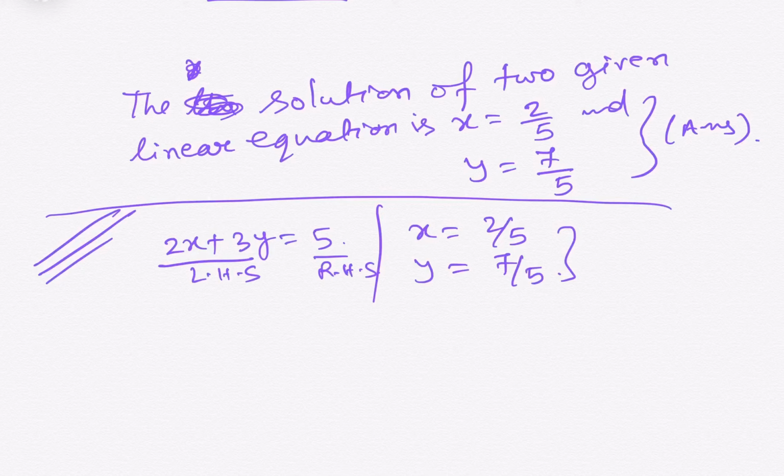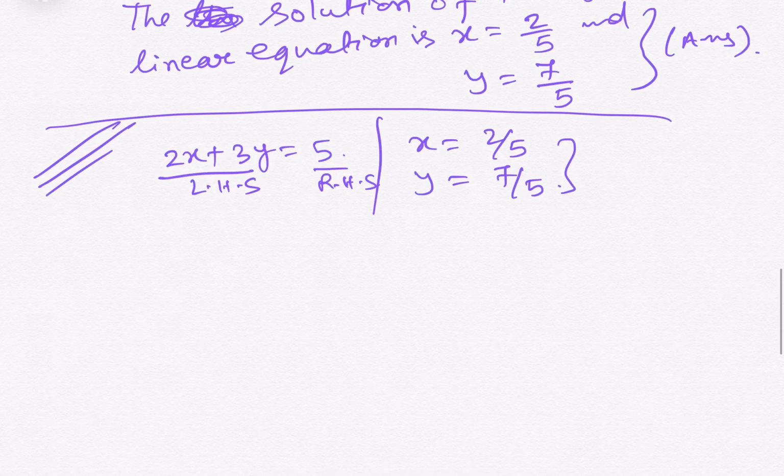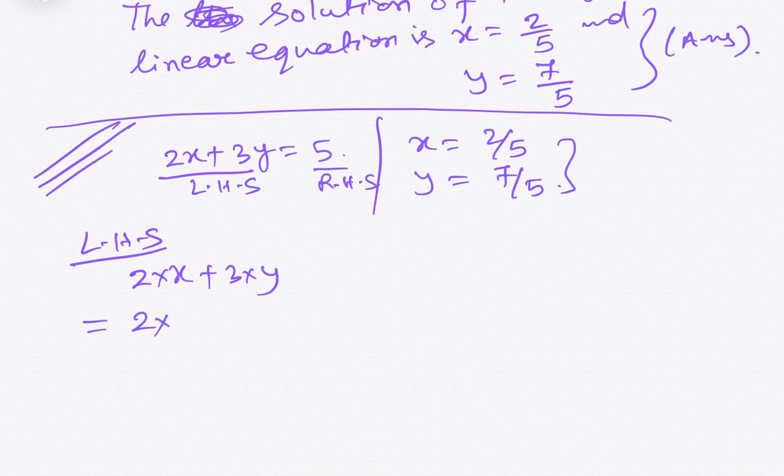If the LHS equals the RHS, then your answer is correct. The LHS is 2 into x plus 3 into y, which is 2 into 2/5 plus 3 into 7/5.